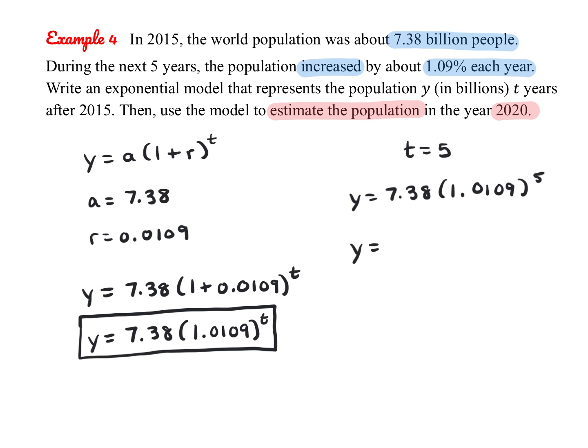And then we'll get a decimal approximation for this. So plug it into our calculator. And we get about, and we'll just round it to the nearest tenths, and I'll just write billions after it for my final answer, 7.79. So the population was about 7.79 billion people.